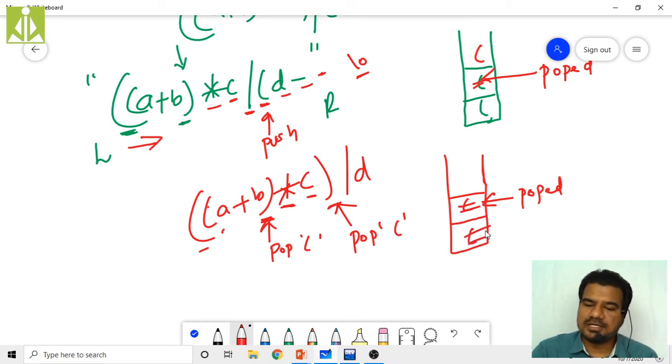So this also gets popped. Next, what do I have? Division operator, ignore it. Then I have D, operand, ignore it. Then the last character, null character. If you get the null character in the scanning, stop the scanning. So here we stop the scanning and we check the stack.